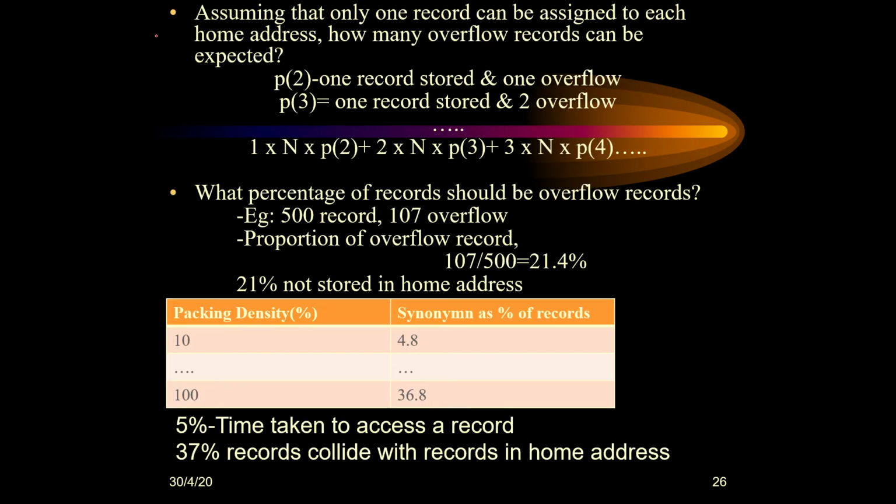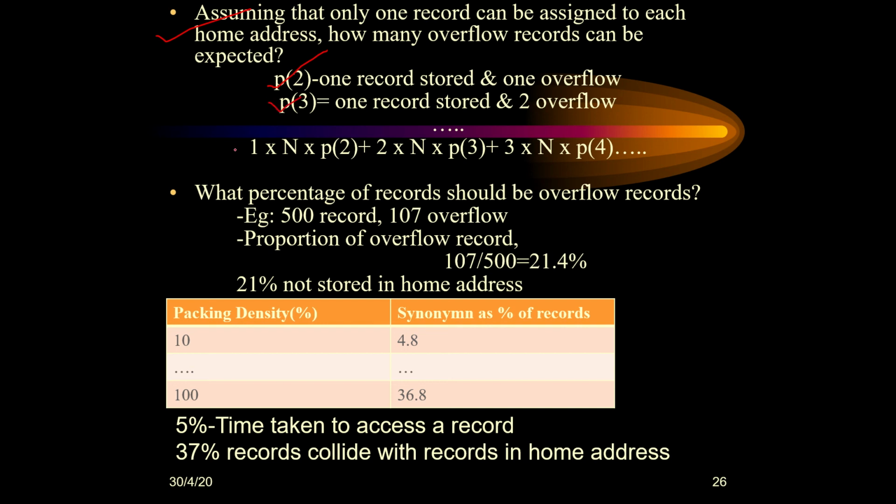Now the next question we need to answer is, assuming that only one record can be assigned to each home address, how many overflow records can be expected? As I've already explained, P of 2 is the probability of having 2 records in an address. It means that one record is stored in that address and one record is an overflow, or a collision. Similarly for P of 3 as well.